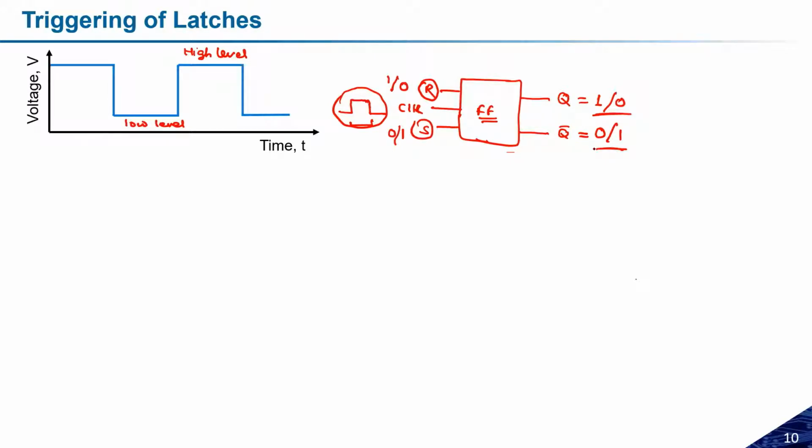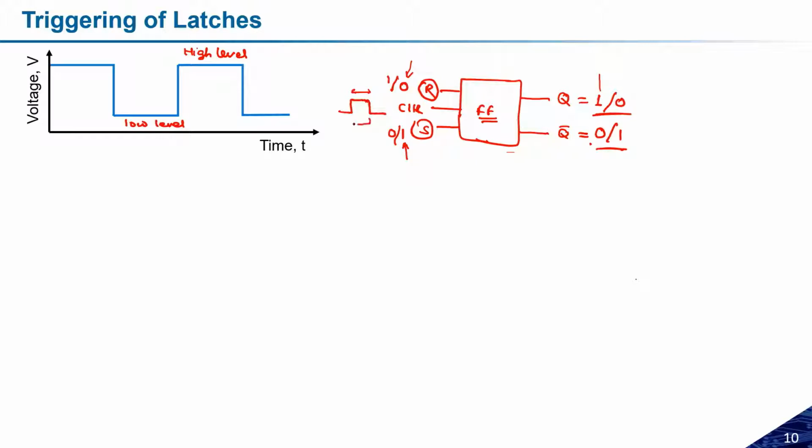So this is one of the problems that we should avoid, especially in flip-flops. Let me repeat what I'm saying. Let us assume initially set was 1 and reset was 0, and the clock pulse was logic high. So Q will become 1 and Q bar will become 0.